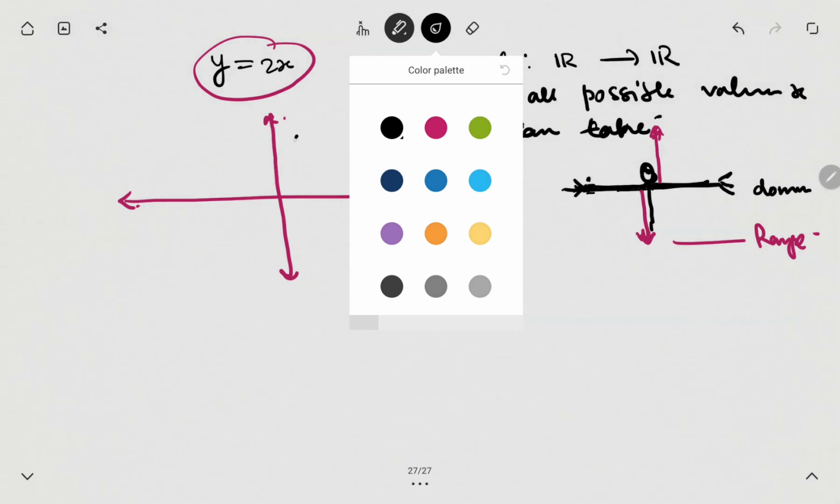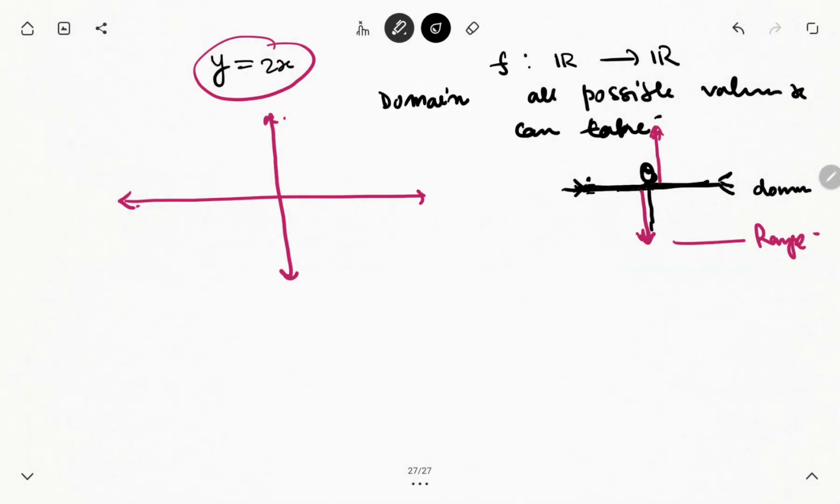Now draw y equal to 2x: when x is 1, y is 2. x is minus 1, y is minus 2. And if x is 0, y is 0. So it will pass through the origin and the graph is like this.